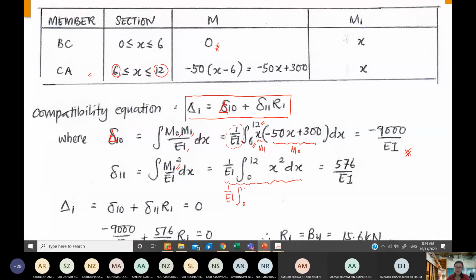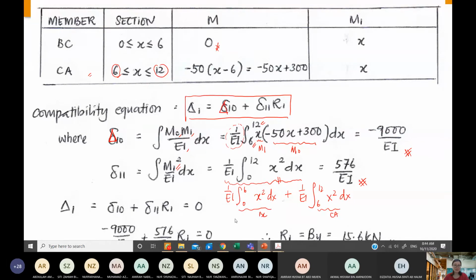BC is from 0 to 6, x squared dx, plus, for CA, from 6 to 12, x squared dx. So this is BC, this is CA. So it actually equals this as well. Then you get your delta 1,1 done.